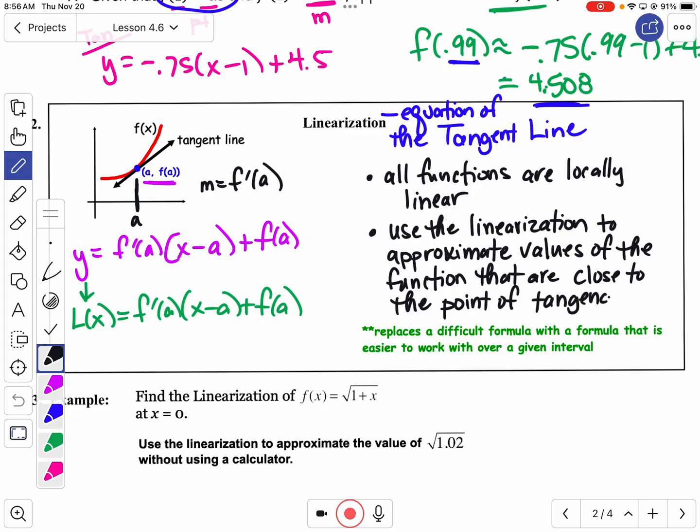The main reason we might want to do that is because it replaces something that could be difficult, a quadratic, a cubic, a rational function, with a linear function, which is much easier to work with in terms of finding values.